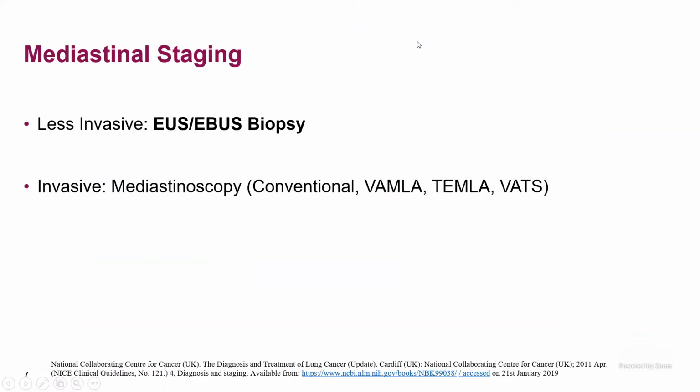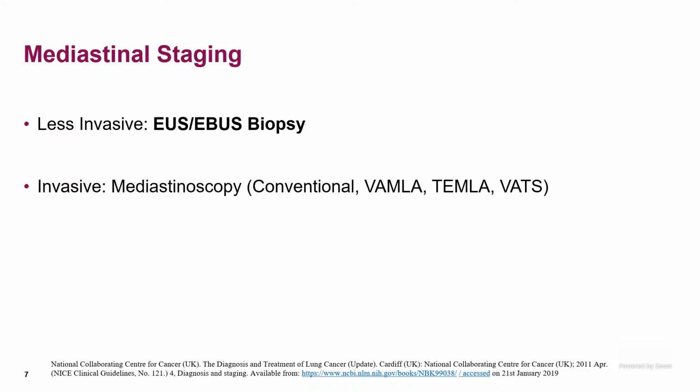So next is what kind of mediastinal staging investigation we should do. I would say the less invasive, EBUS or EUS. We should always prefer the less invasive one. Mediastinoscopy should be considered in very selected cases. I'll come to the indications where we should do it.